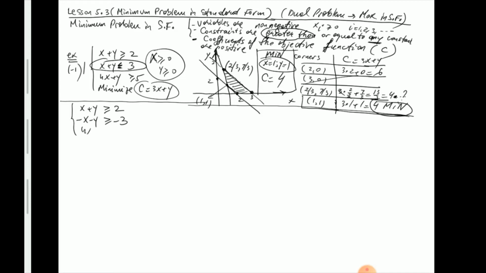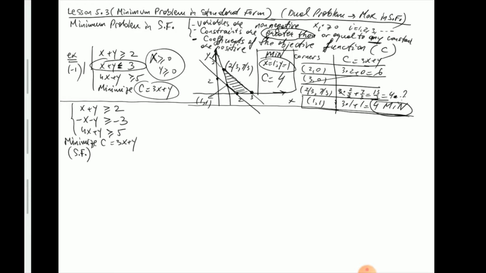And then the last condition, 4x plus y greater than or equal to 5. And we need to minimize c equals 3x plus y. So this is now in standard form, right? All constraints are greater than or equal to a constant. The objective function is a minimization with positive coefficients.